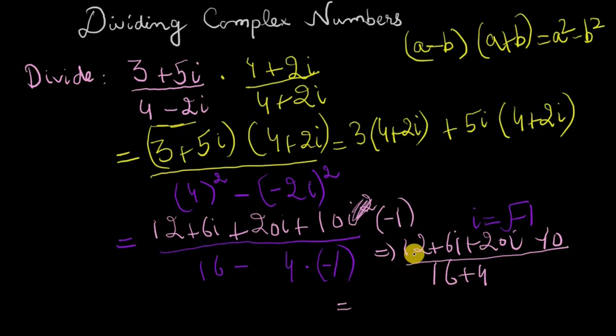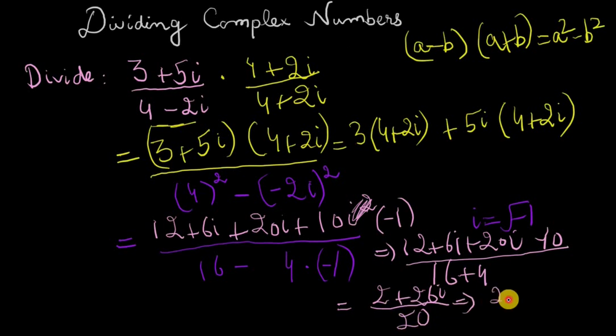Now we're just going to add the real part to the real part. So 12 minus 10 is 2, and 6 plus 20 is going to be 26i, and in the denominator I'm going to have 20. Just to write it in the standard form, a plus bi, I can divide both of these by 20.